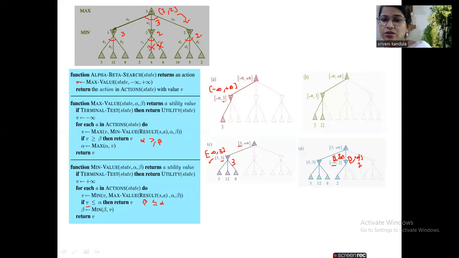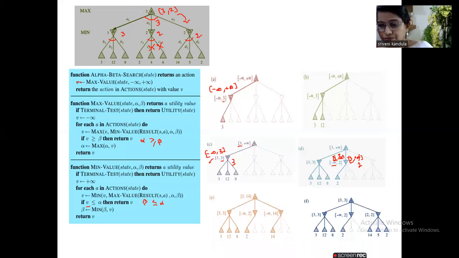So at this node, we have a value 3. And if you see the computation here, the final value of alpha has also been updated here. Okay.